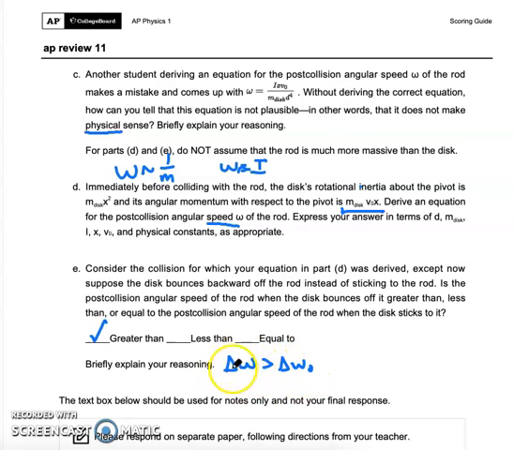If there's a greater change in angular velocity, then you can relate that to a greater change in angular momentum, where L is simply I omega, so delta L is I delta omega. You could also do it from a torque standpoint: if it bounces off, torque times time leads to a bigger change, and you can go that route as well.